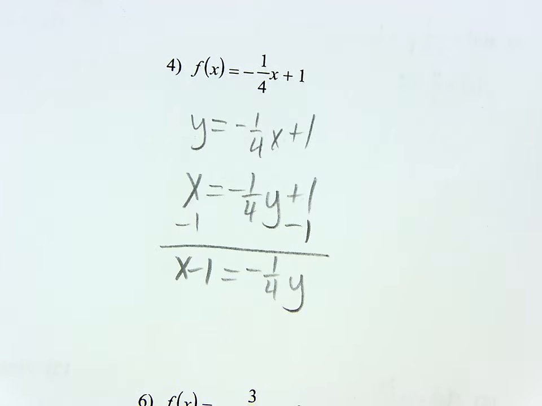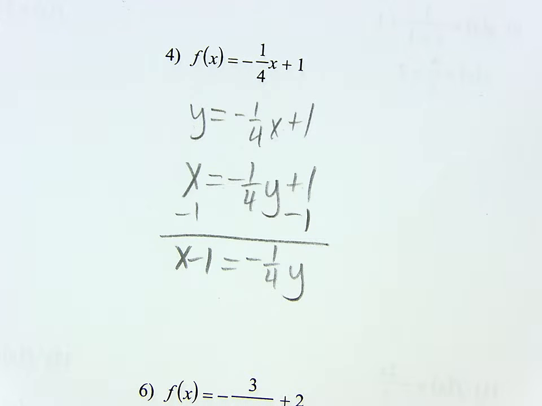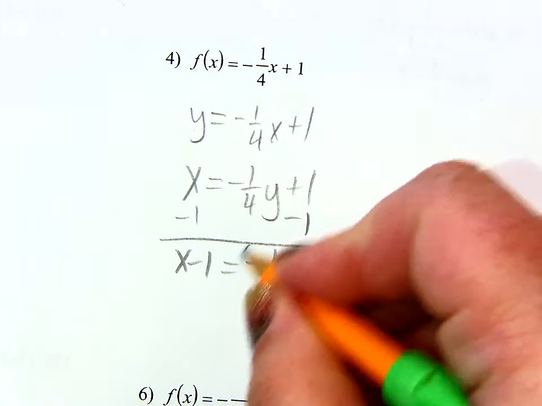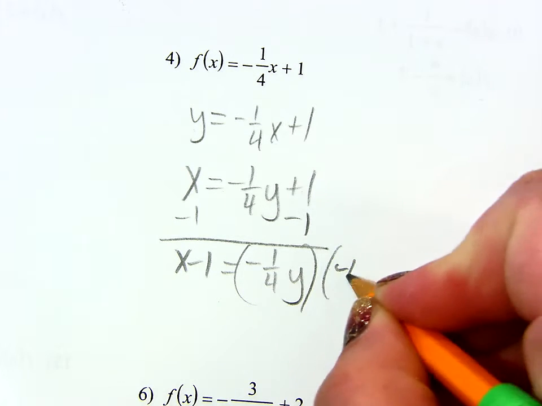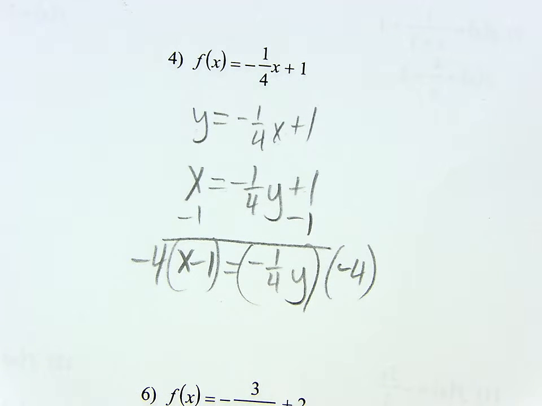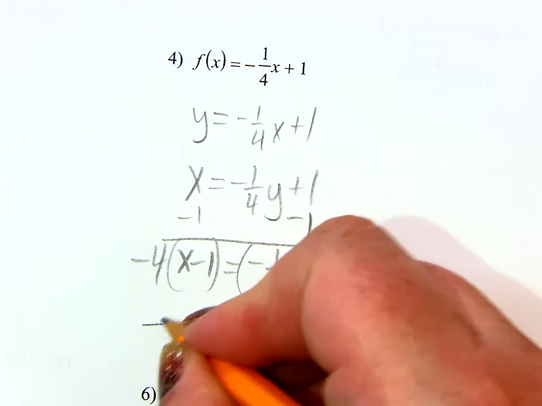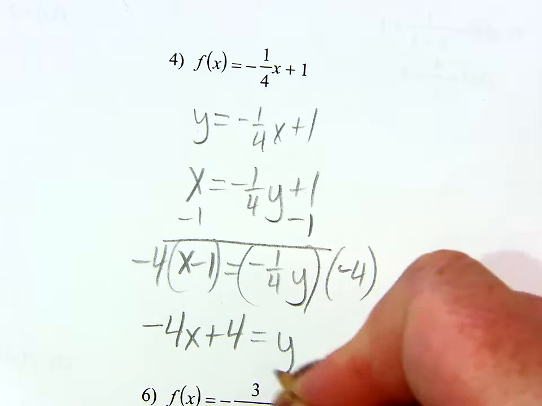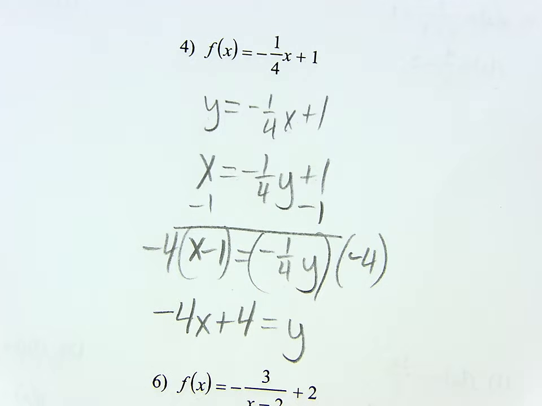So now I'm here, and then I could get the y by itself by multiplying both sides by negative 4, which means I'm going to have to distribute, right? So hopefully you got negative 4x plus 4 equals y by itself. So now I have my inverse to the original.